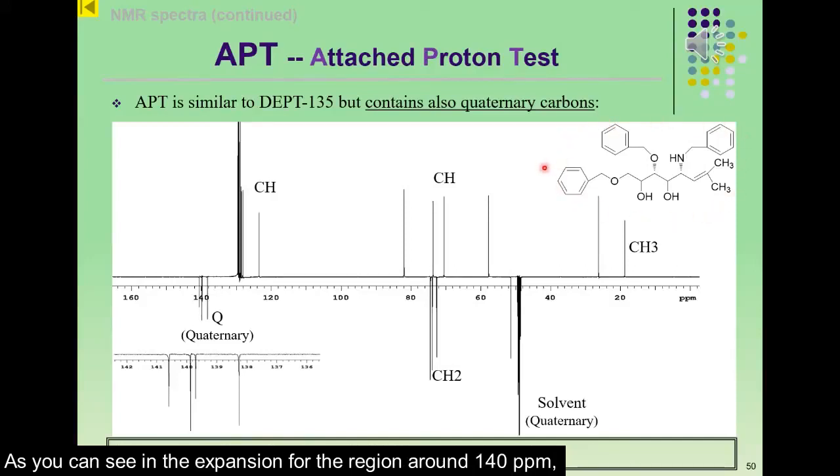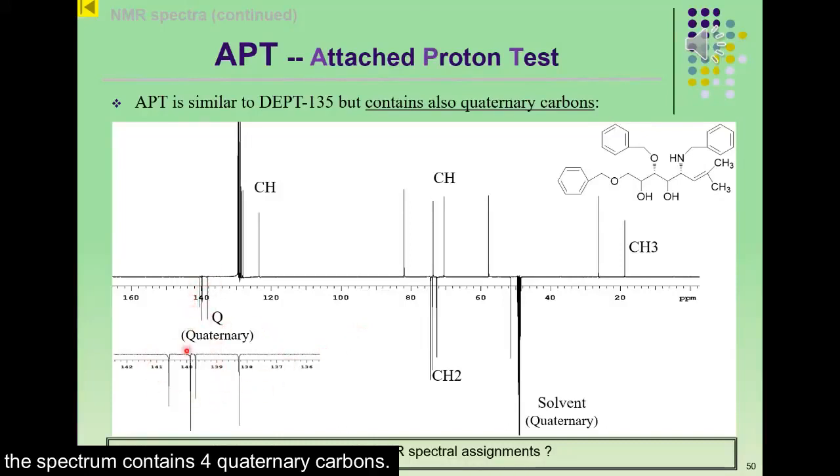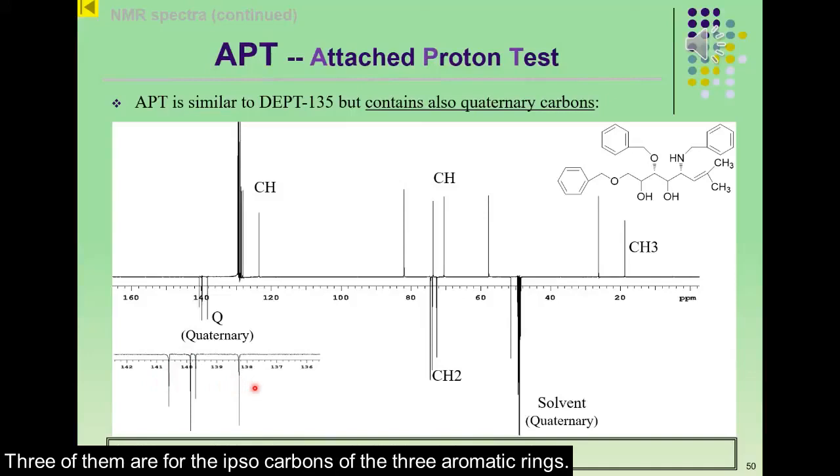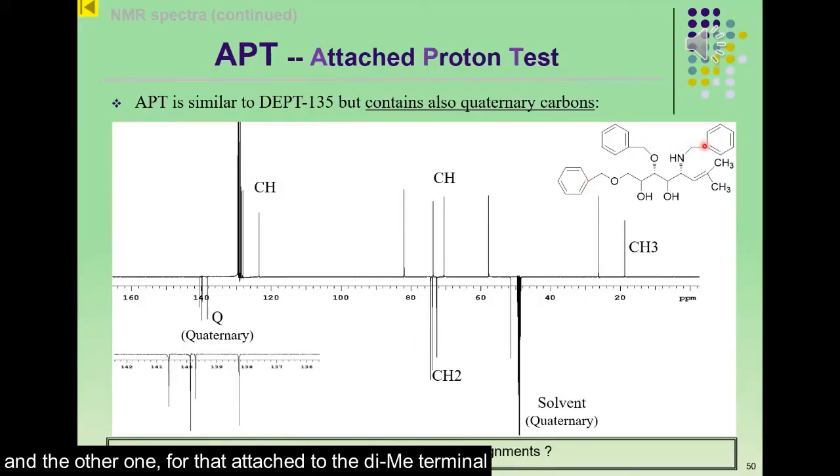As you can see in the expansion for the region around 140 ppm, the spectrum contains 4 quaternary carbons. 3 of them are for the ipso carbons of the 3 aromatic rings, and the other one for that attached to the dimethyl terminal.